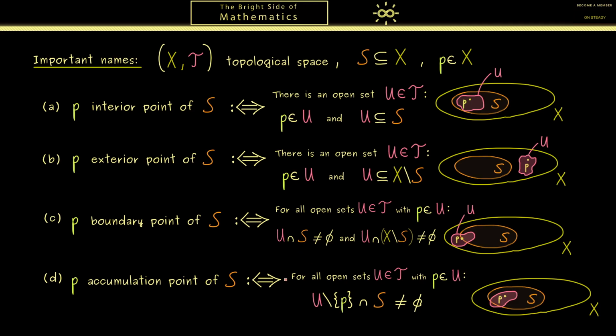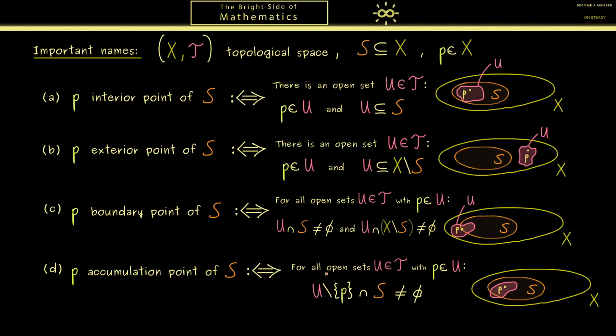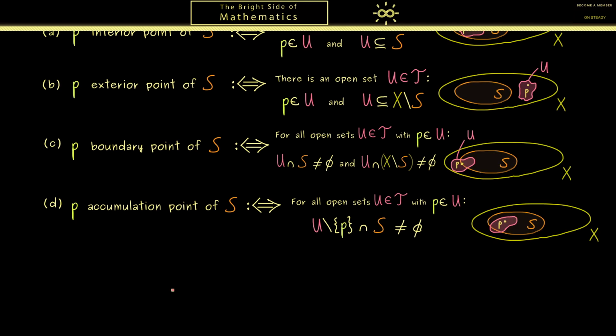Okay, so here we have 4 important names for points that are defined with respect to a chosen subset S. Therefore, I would say, please remember them. However, now by having these names for points, we are also able to define names for sets. But don't worry, these are not complicated anymore.